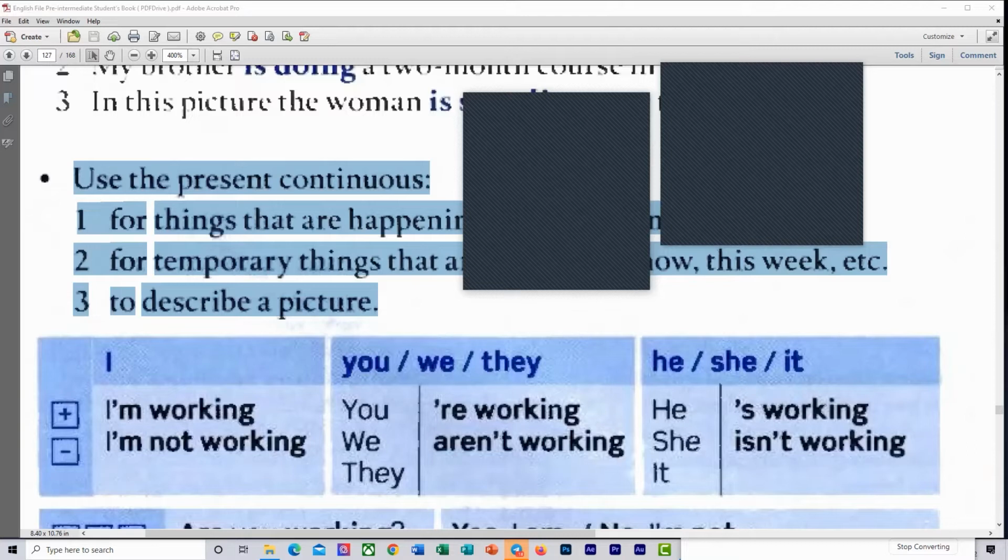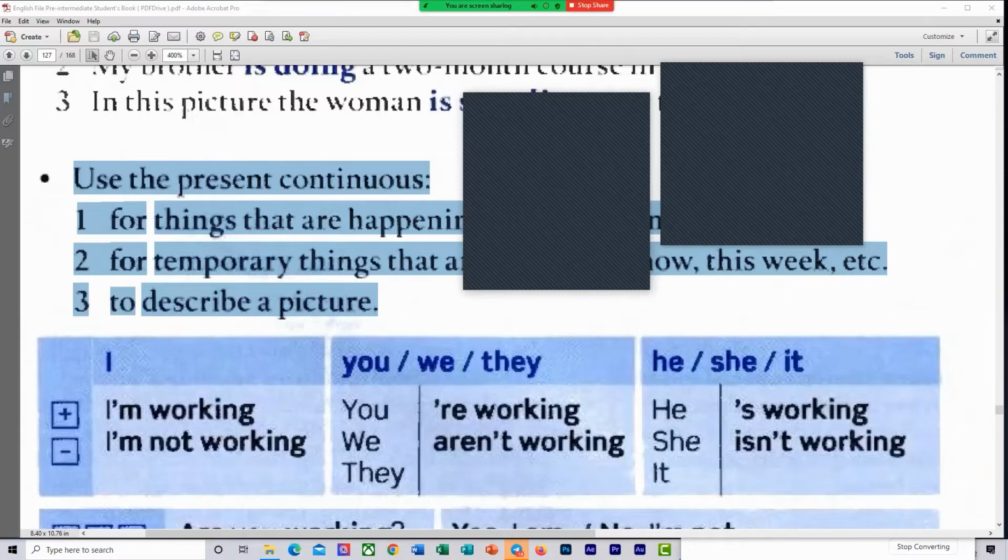Now I am in Siem Reap on a mission, but my family also joins me. So I am not having dinner now, but it's temporary, something that I will have, not yet happened. We use this for rule number 2.